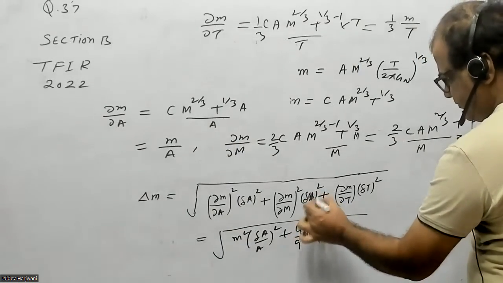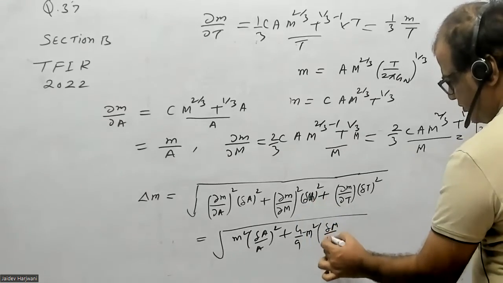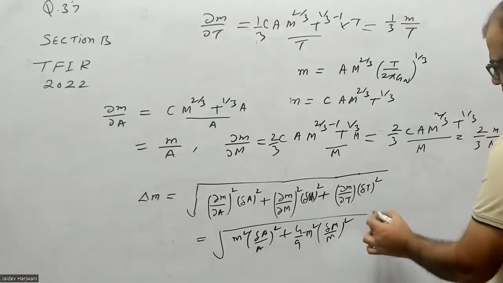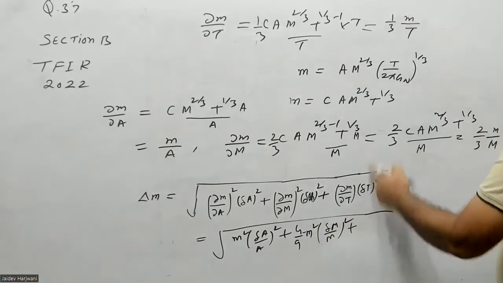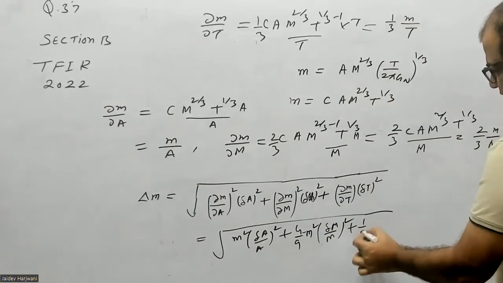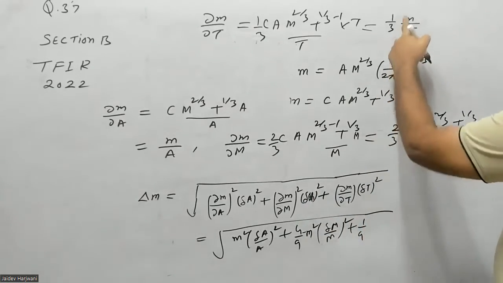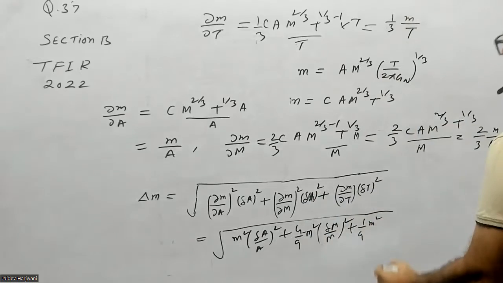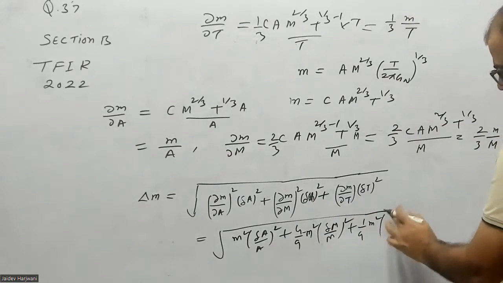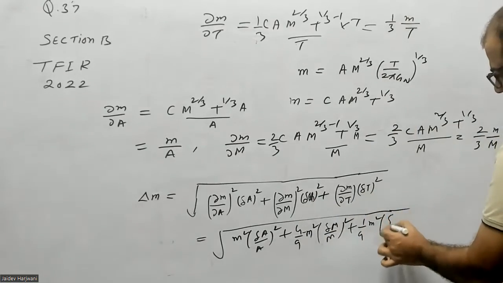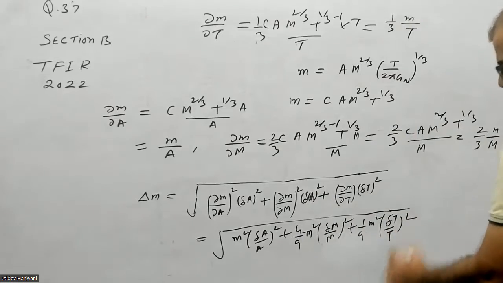So this is delta M upon capital M squared, and similarly here for delta T, 1/3 squared is 1/9, then m squared, and this is delta T by T whole squared.